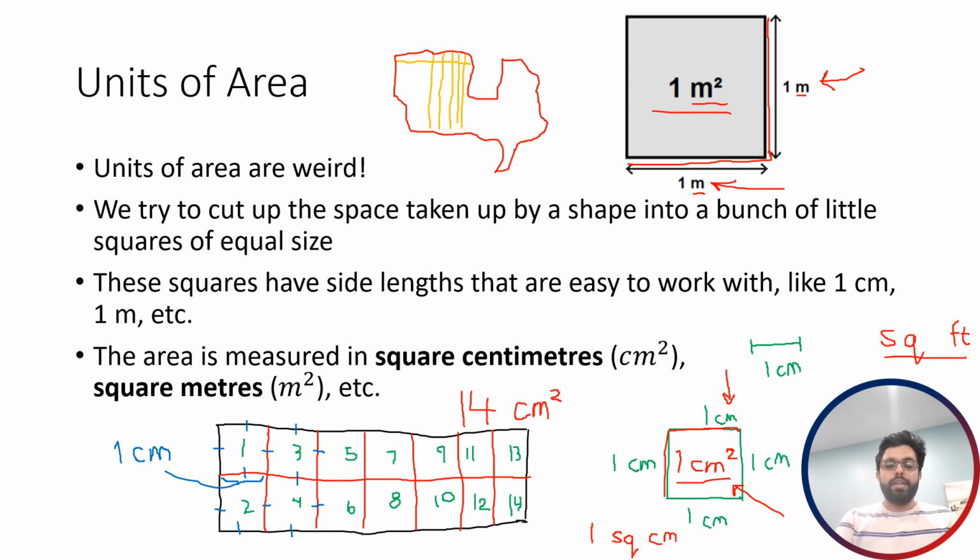Then if you were to cut up the entire country into those little squares, the area of the country will be whatever it is, 10 million square kilometers or whatever. So you're just counting up as many little 1 kilometer by 1 kilometer squares as you have across the whole country, and that gives you the size of the country.